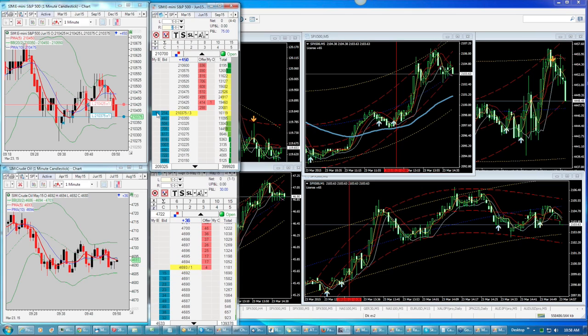Seems like a bigger down move's coming based on the Nasdaq. So we'll see how that goes. I'm looking at the 5-minute. I don't know, S&P for some reason is strong.